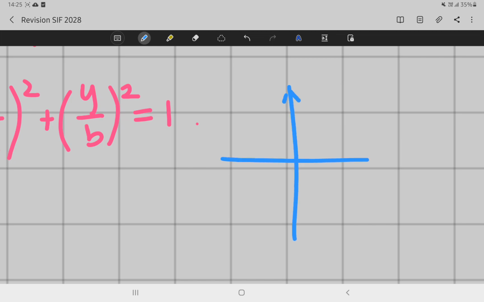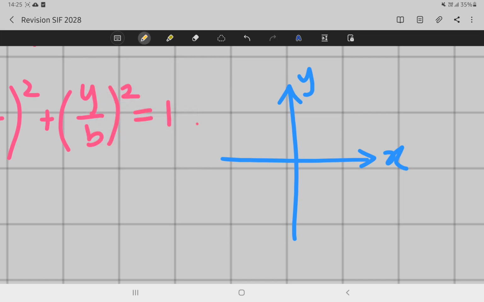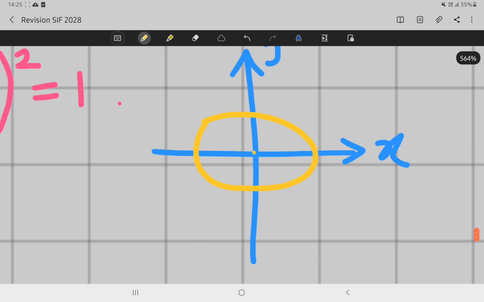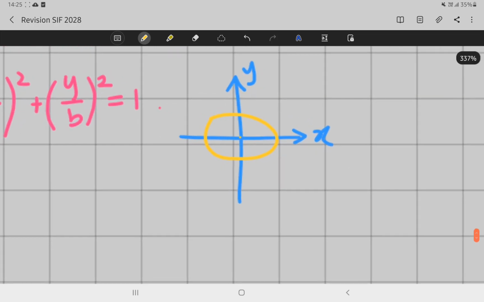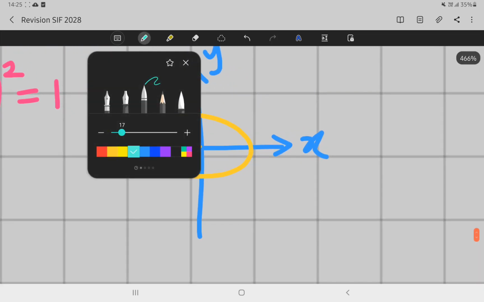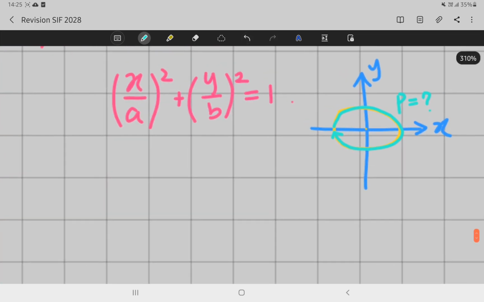This is the y-axis, this is the x-axis, and the ellipse would look like this, for example. The center is at the origin. Our intention is to find the arc length all the way around 360 degrees. So what is the perimeter? In order to do that, we need to use elliptical integration.